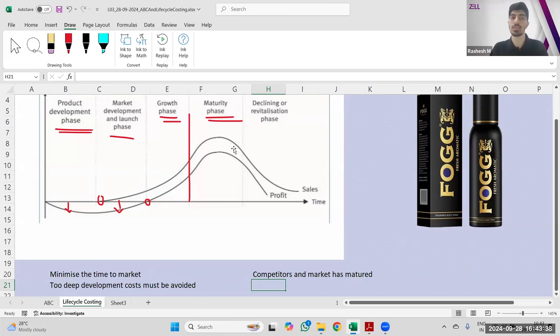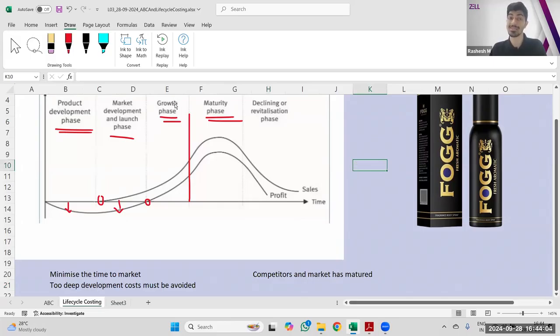So the decline phase is naturally marked with the moment your sales start dropping, and that's where you're declining. Now, an ideal company wants to have its own product decline by a new product of theirs. For example, a small fun fact: Apple iPhone sales year on year have been dropping for more than 5 years now. People are simply not buying as many iPhones, and the company also knows that.